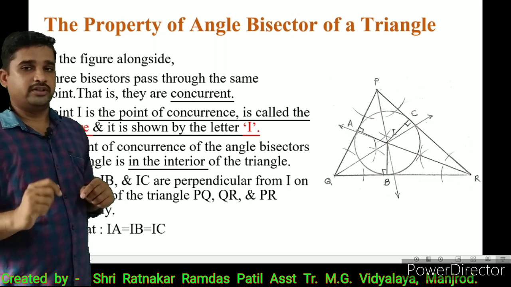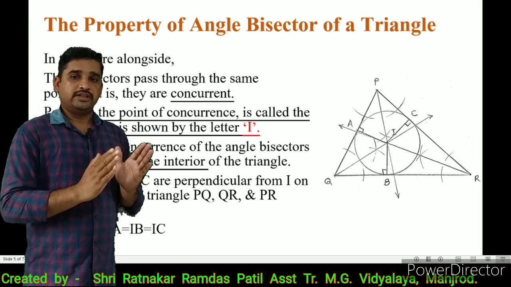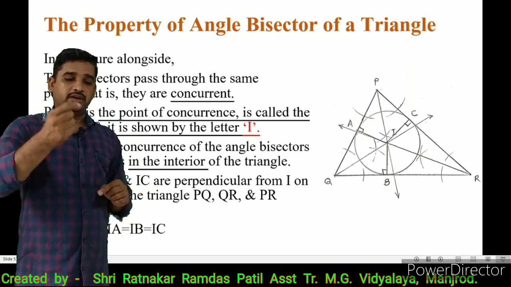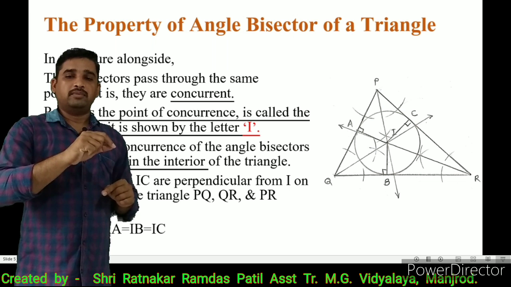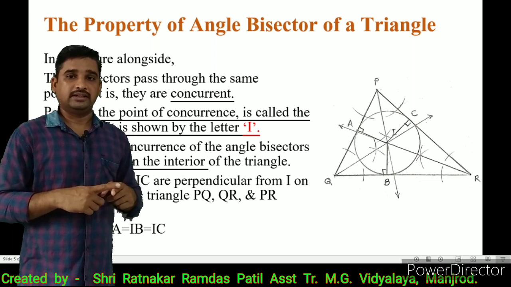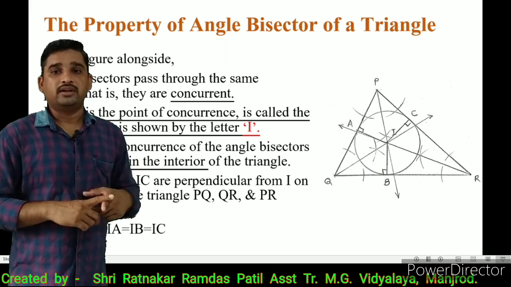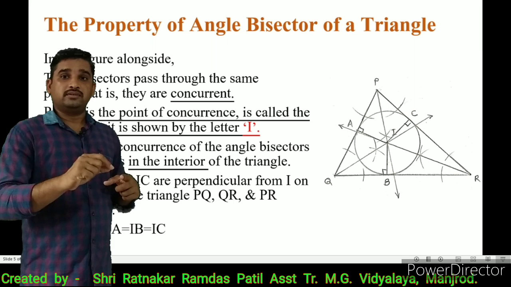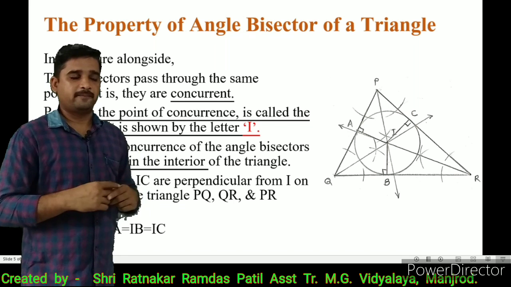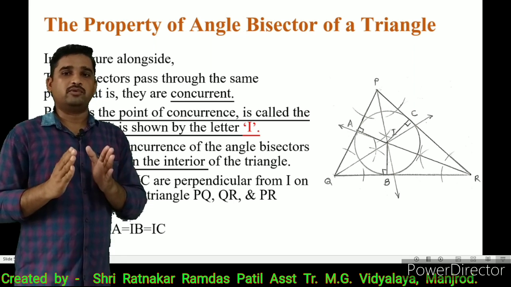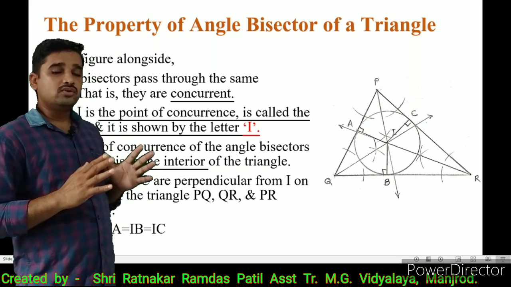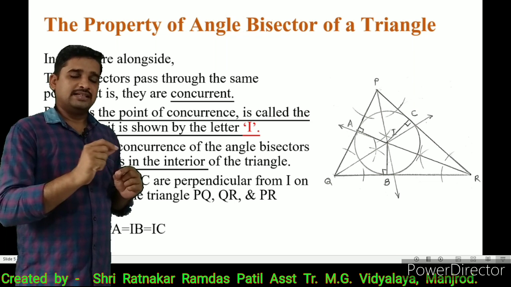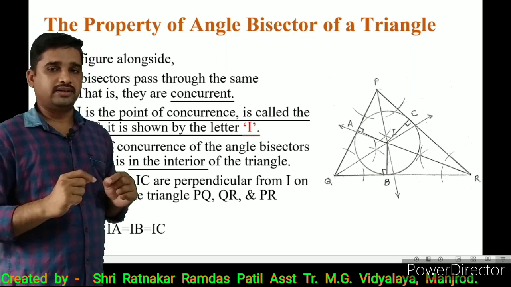This is the point to be noted because we study the property of angle bisectors of a triangle, where the angle bisectors intersect, whether they are concurrent, and where their point of concurrence lies. It is very important to study. So the point of concurrence lies in the interior of the triangle.